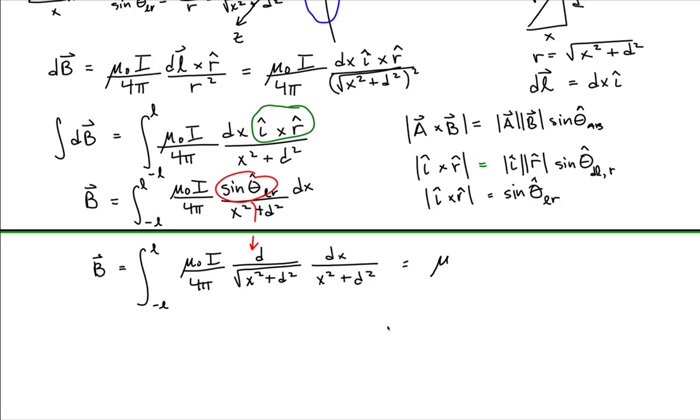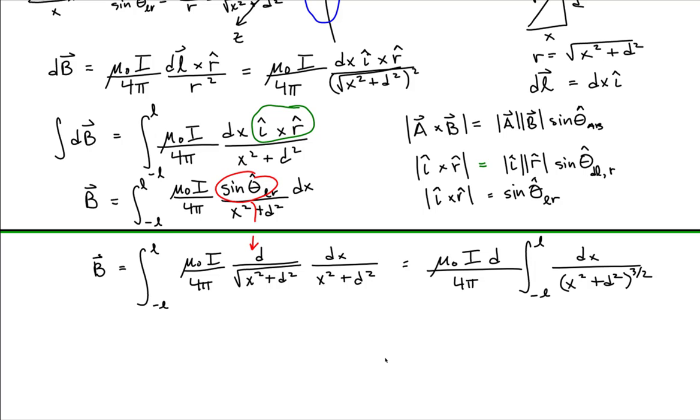Now, mu naught is a constant, I is a constant, d is a constant, 4 pi is a constant. So those all come outside of the integral. And we are left with dx over x squared plus d squared to the 3/2.